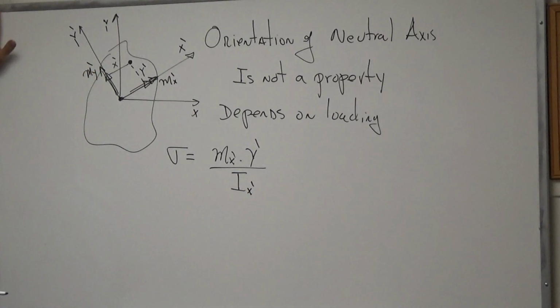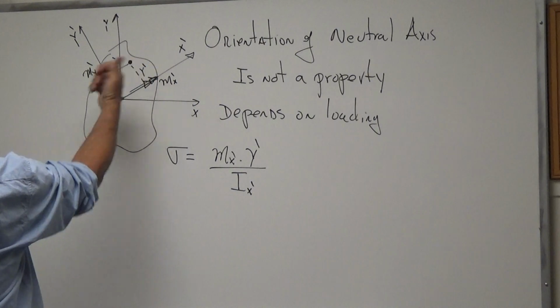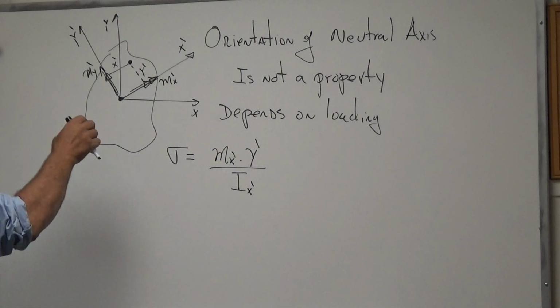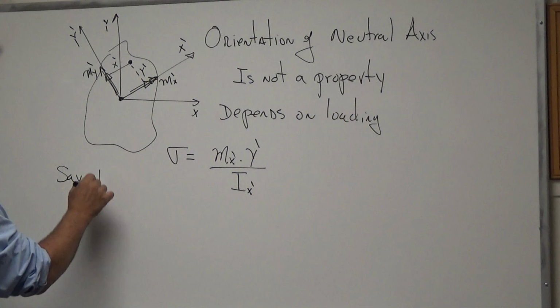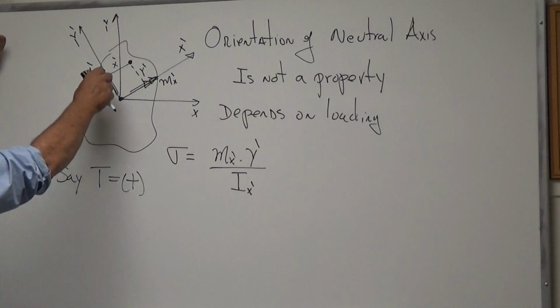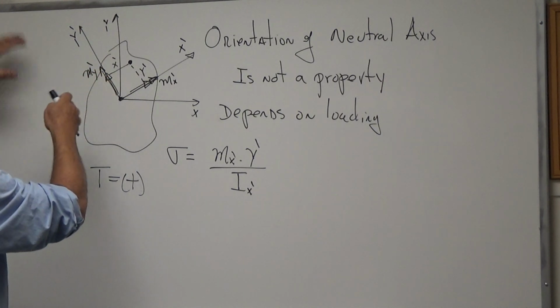Now, would that be tension or compression? Well, under the notation that I have here with my thumb pointing out, that would be tension, right? So let me call it plus. Say tension is positive. Now, if I have only My prime, first let me see the sign.